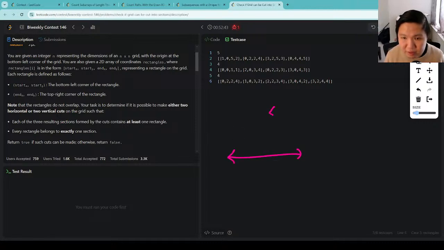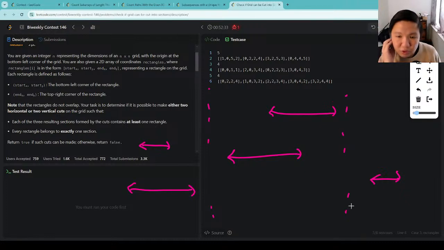This is one rectangle, this is a rectangle, and so on, and these 2 places can be your cuts. You want to see if you can find 2 places where you can cut. I think this should be a pretty straightforward problem. You want to turn it into some kind of range, do some kind of sort, and then find the cuts.